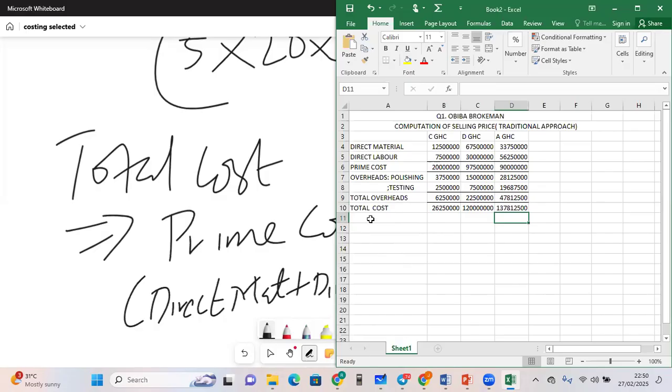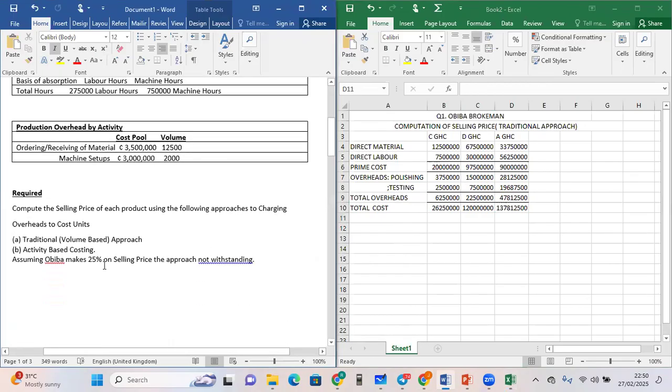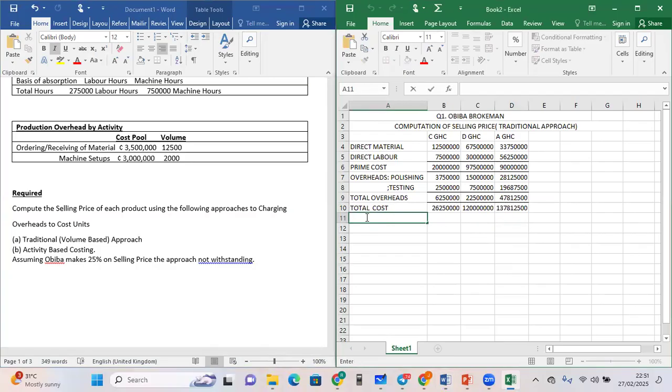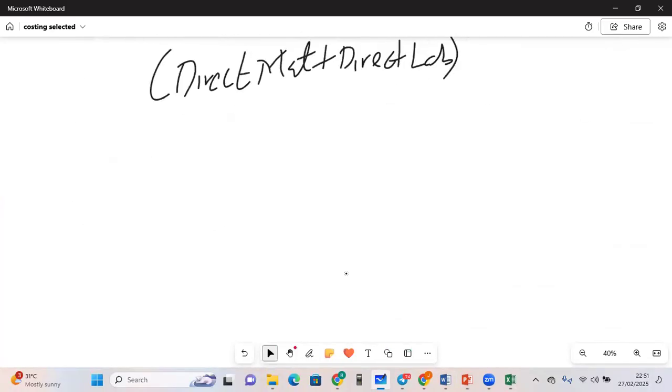Now they are telling us that Viva makes 25% on selling price. On selling price, so 25% on selling price is like margin. But here we have cost.